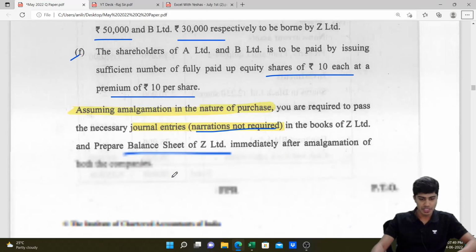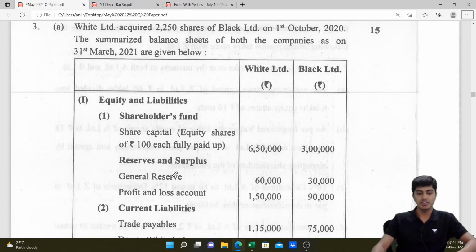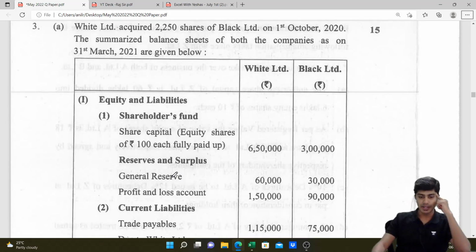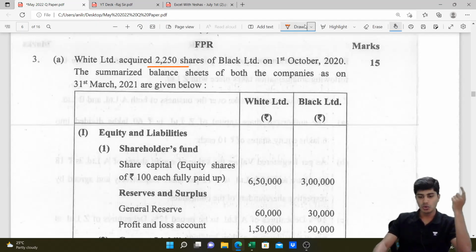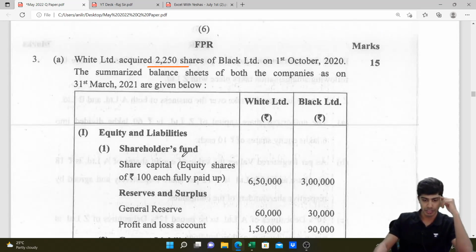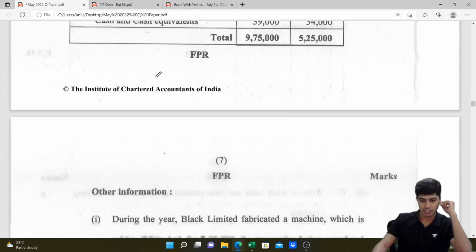White Limited acquired 2,250 shares of Black Limited. So this is a holding company holding 2,250 shares in the subsidiary company on 1st of October 2020. Summarized balance sheets of both the companies are given. On the same date, 31st March, so it's all at peace. No need of updation, we can straight away go for consolidation.